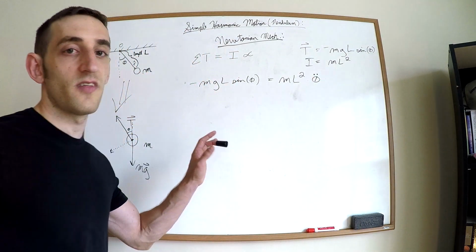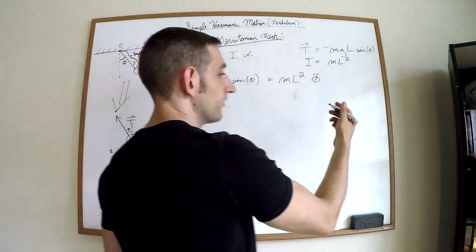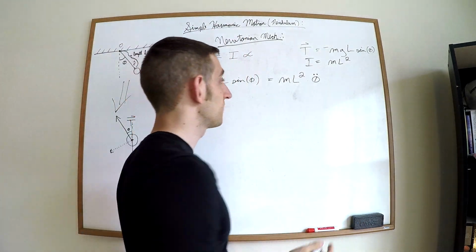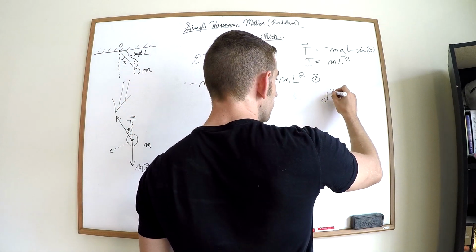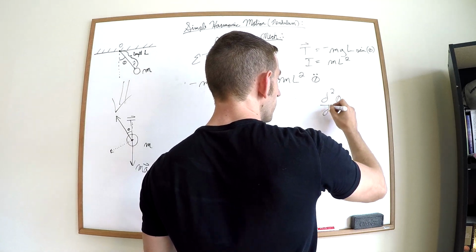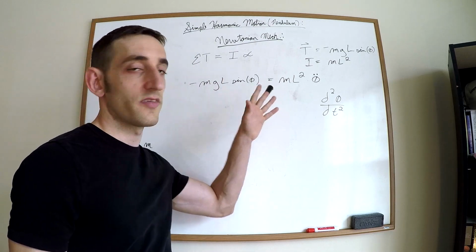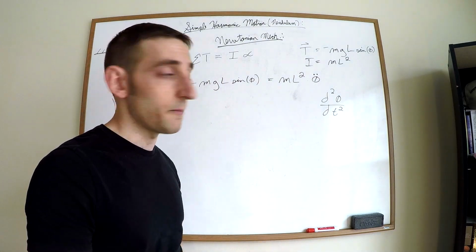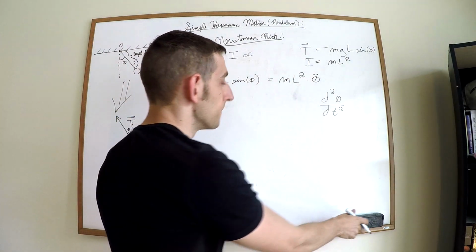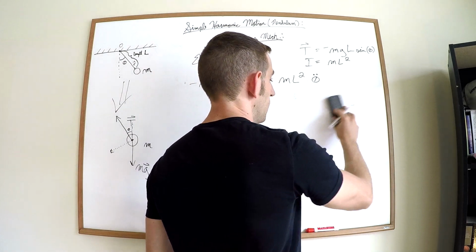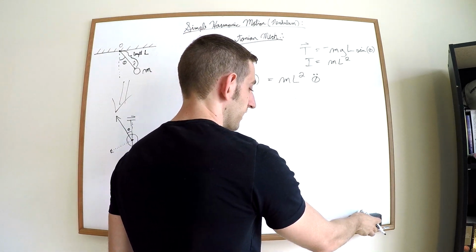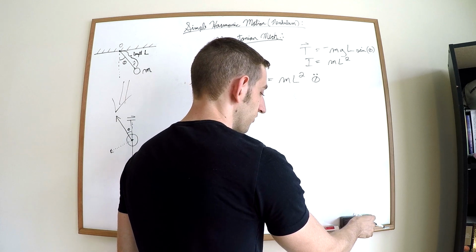Now, if you're not familiar with those double dots, just to clear things up, every time you see dots, it's in terms of time. So this is our governing equation, our equation of motion.